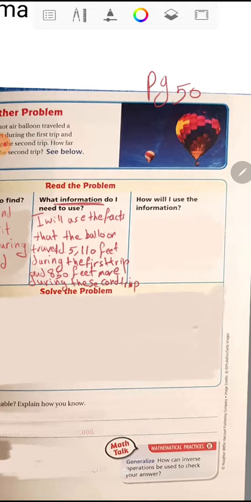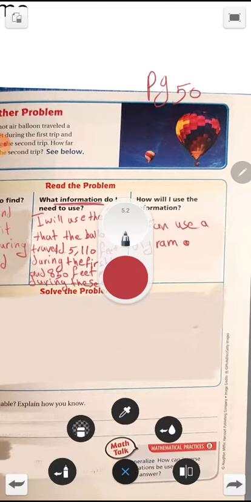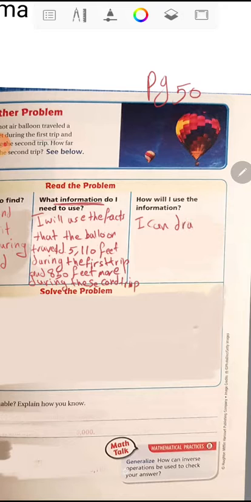So I can draw a diagram or use a bar model.